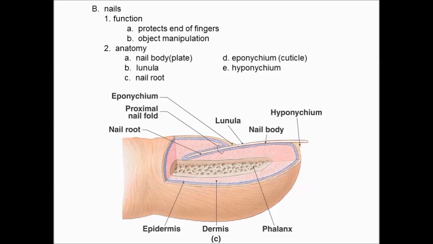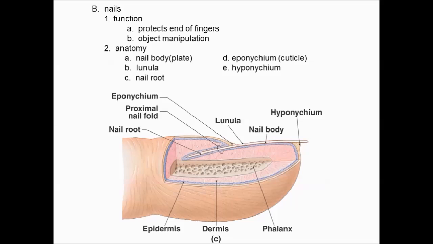It's the area where they think growth is going on more rapidly, so it usually is clearer or lighter than the rest of the nail. The nail root, like the root of a hair, is below the surface of the skin. And the hyponychium is the attachment of skin to the nail, usually underneath the tip of the nail, as is represented. Those are just principal terms we use for the parts of a nail.